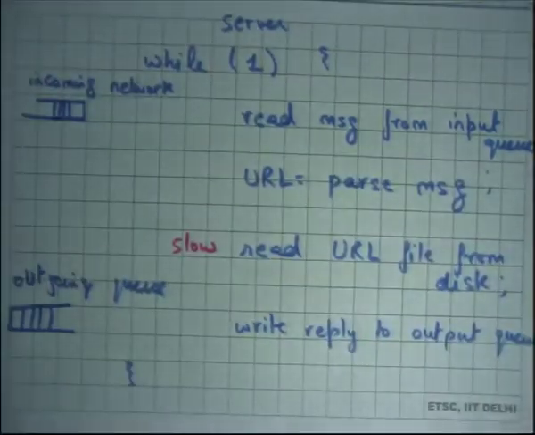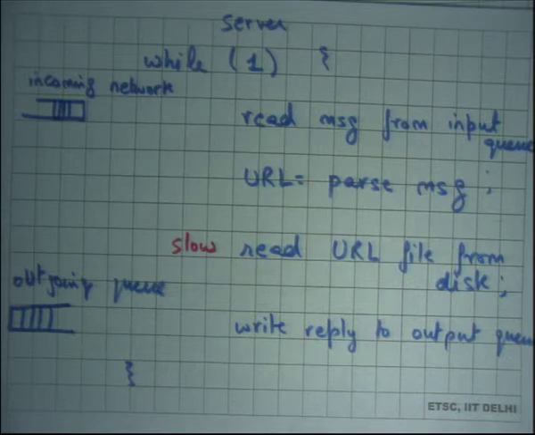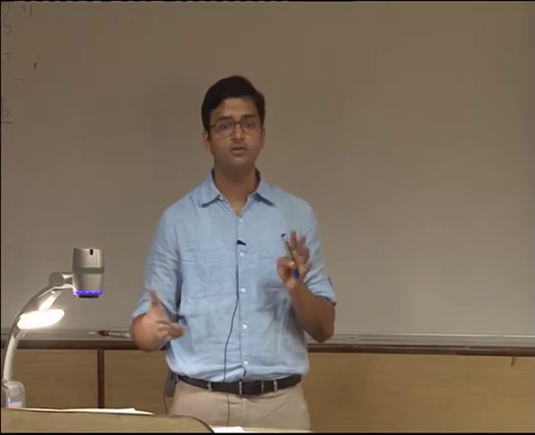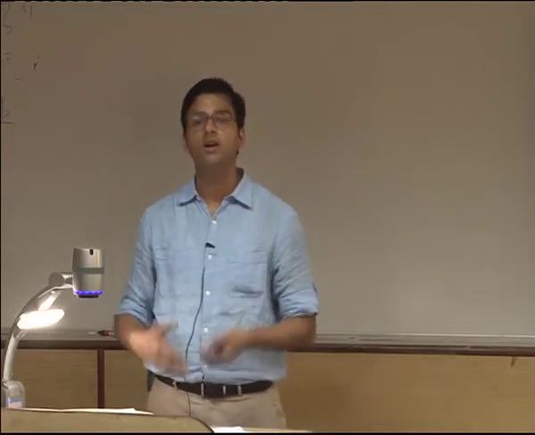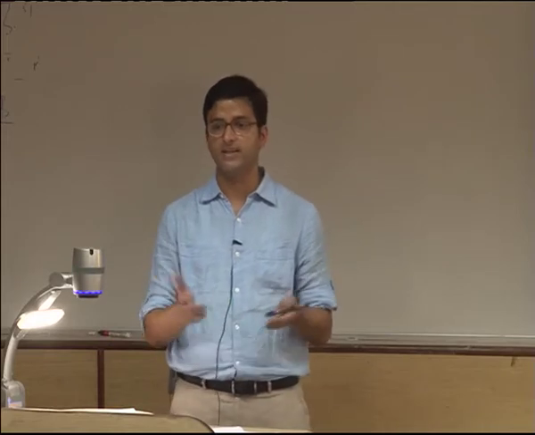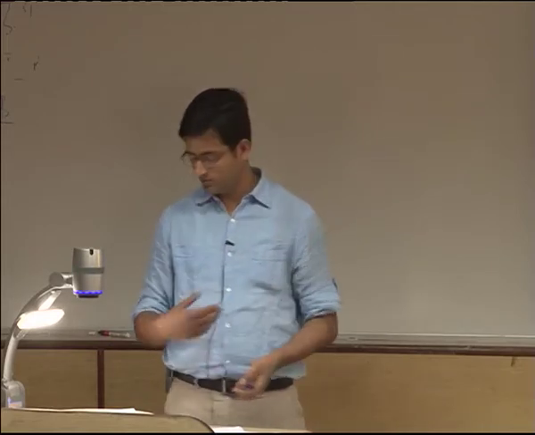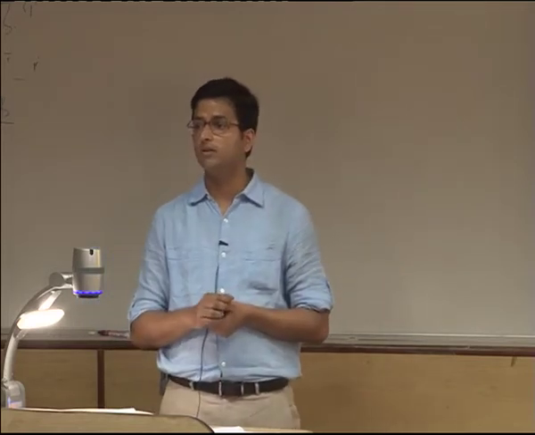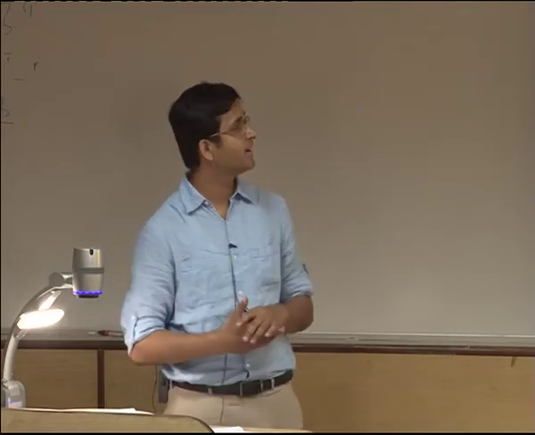So how many requests can the web server service per second? What's the throughput of the web server? 1 upon 10 milliseconds, that's roughly 100 requests per second. So with this kind of code, you will only be able to service up to 100 requests per second.